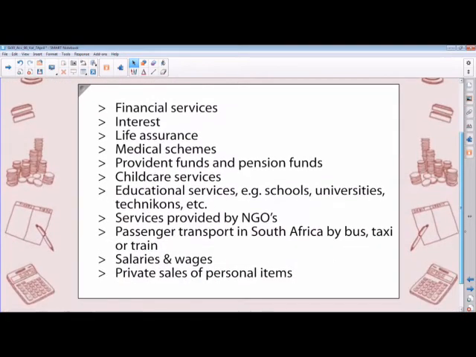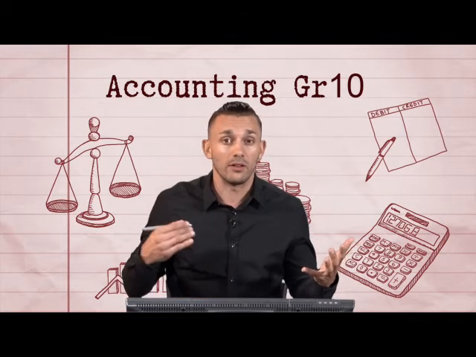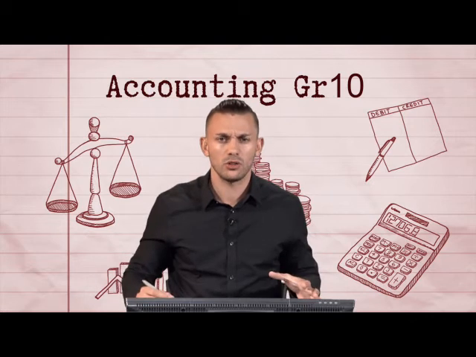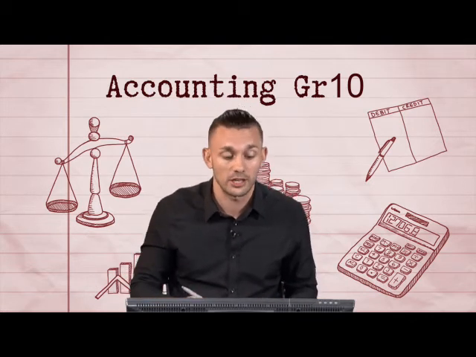So financial services, that will be financial services from banks or financial institutions. Interest, remember, interest is not a physical good or item or product. It is when you have an investment and you will get interest. You see, it's not a physical product or service that you're getting, so interest won't have any VAT on it as well.